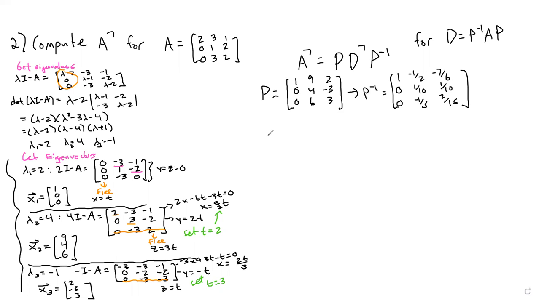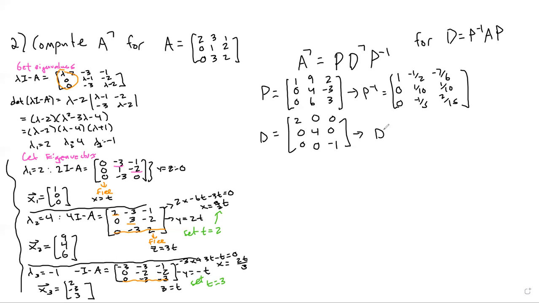And then with that arrangement, D is going to follow the same arrangement for corresponding eigenvalues. So 1, 0, 0 came from 2, 9, 4, 6 came from 4, and the 2, -3, and 3 came from -1. So that's going to be my D. And so I just have to throw this into the formula now.